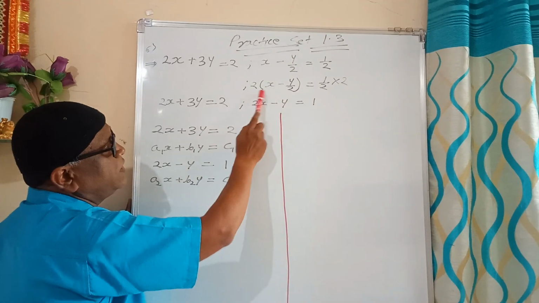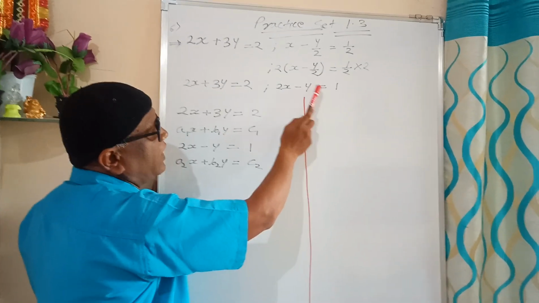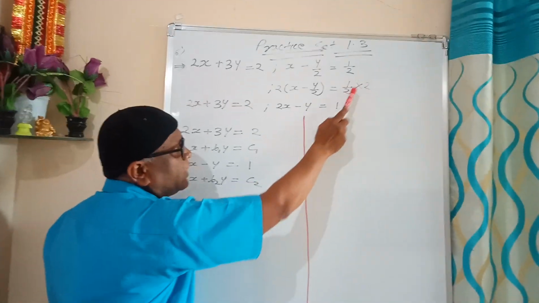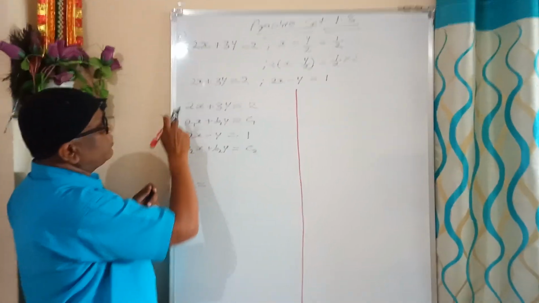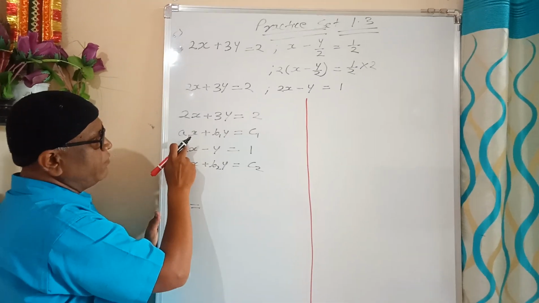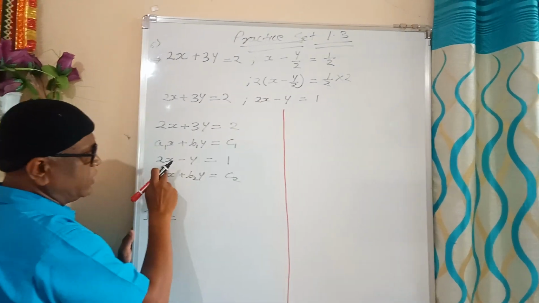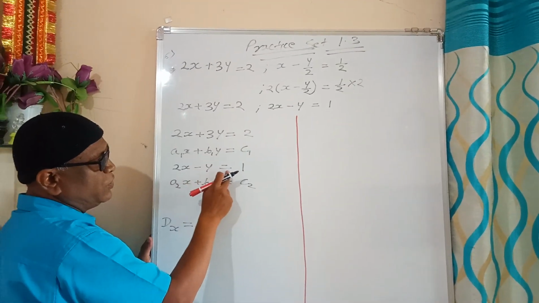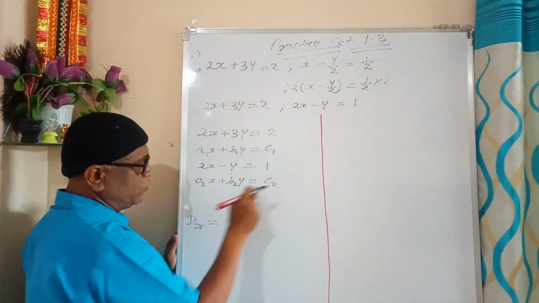Solving this, 2x minus y, the 2s cancel, is equal to 1. Now we take the first equation 2x plus 3y is equal to 2, comparing with a1x plus b1y is equal to c1. Second equation 2x minus y is equal to 1, comparing with a2x plus b2y is equal to c2.